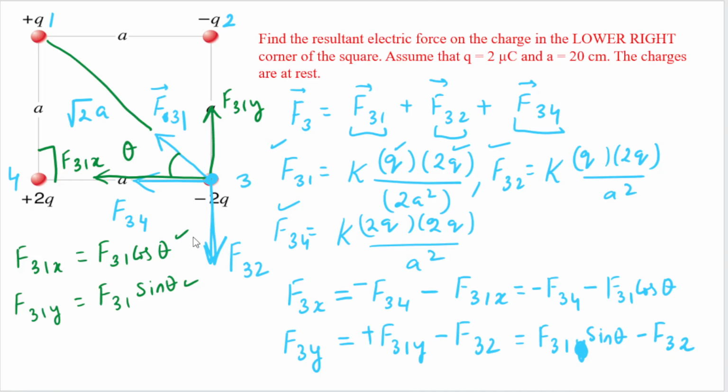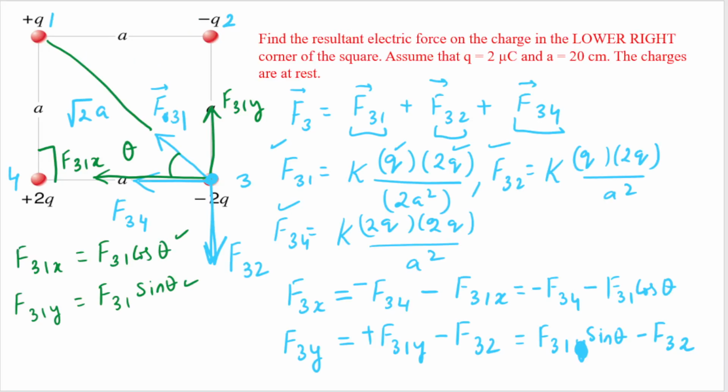So let's collect all the terms and write it in vector form. Let me choose another blank slide. The vector sum of all the forces acting on charge 3 is equal to F3x in the i direction plus F3y in the j direction.